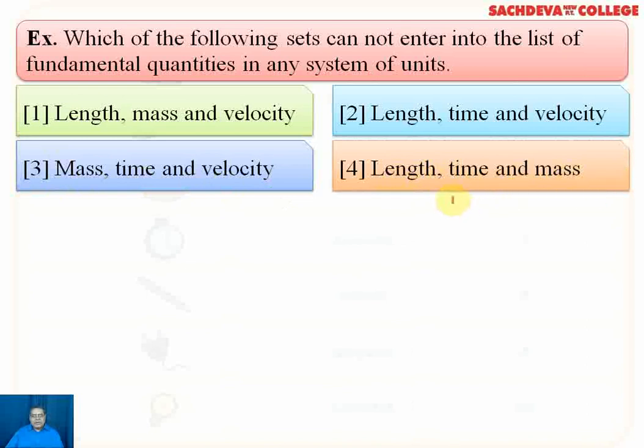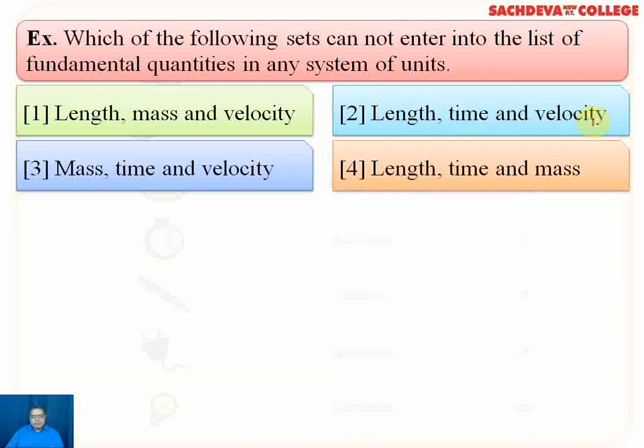In the second option, length, time, and velocity are correlated. Velocity is equal to length over time, or length is equal to velocity into time. So we can connect length, time, and velocity with a formula. Since the question asks which set cannot enter into the list of fundamental quantities, the second option is the correct one.